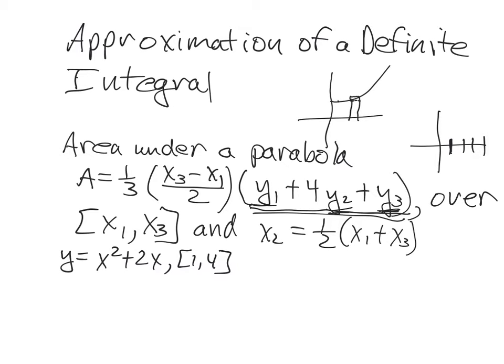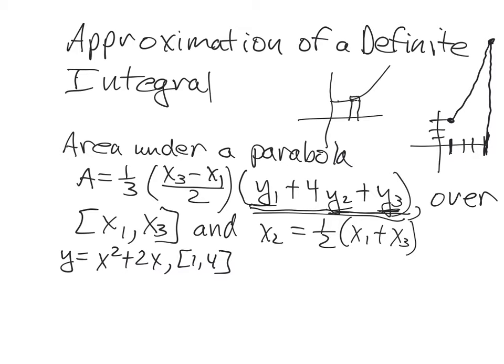At 1, we'd be at what? Y value of 3. And at 4, 16 and 8, 24. So again, I have kind of really distorted my graph because I can hardly fit it on there.